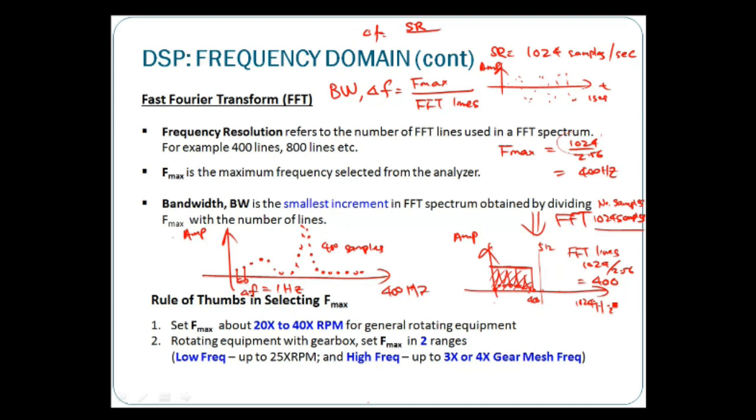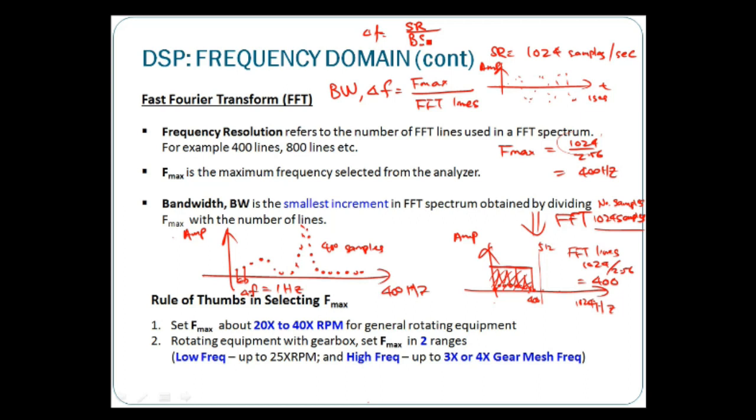They are divided by the same factor, 2.56. This number of samples we call the block size, in one block. So delta F also equals sampling rate over block size, the number of samples that you use to process to frequency domains. That also gives you the delta F.